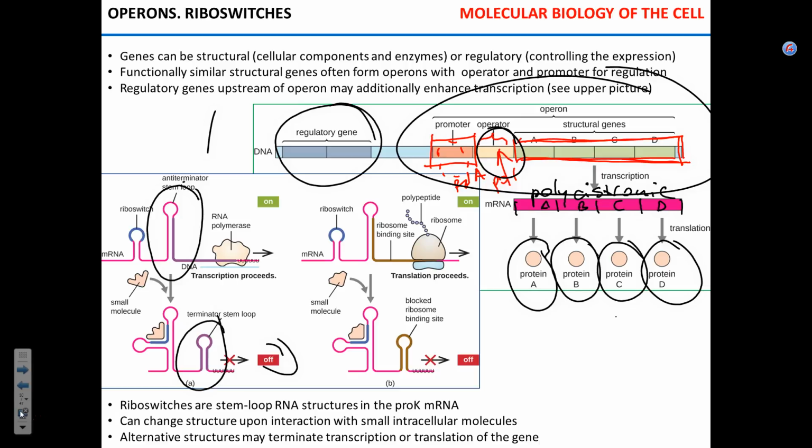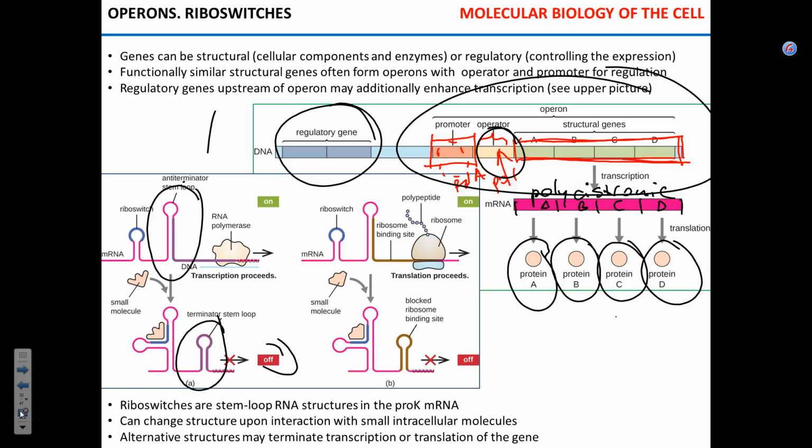This shows you the situation when a molecule inhibits the transcription. Does that make sense? So when the molecule binds, transcription stops. Can it be the opposite way? Yes. Does that make sense?